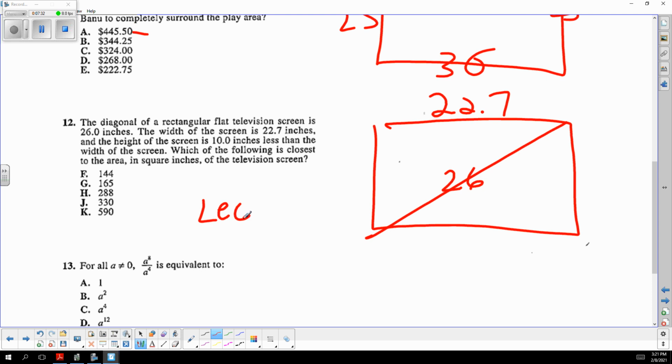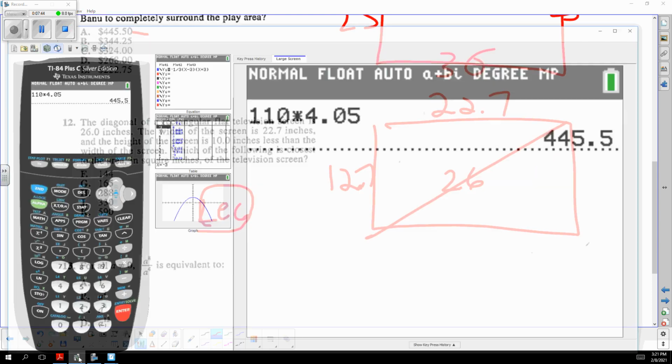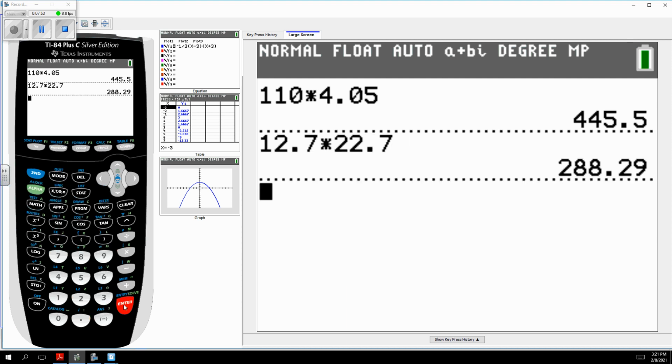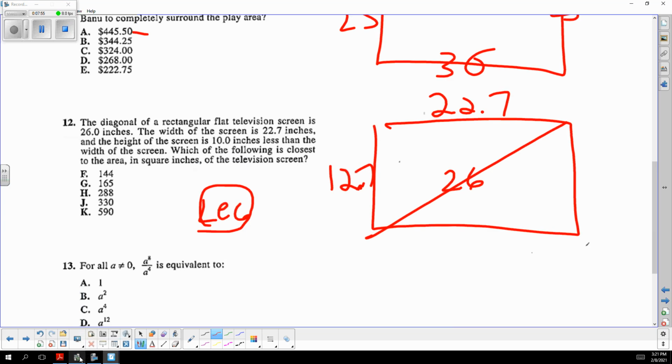The length is 10 inches less than the width, so it's that, and then you multiply. But we could have used LEG to get that. If you can't see it, it's 12.7 times 22.7 to get the area of the rectangle, 288.